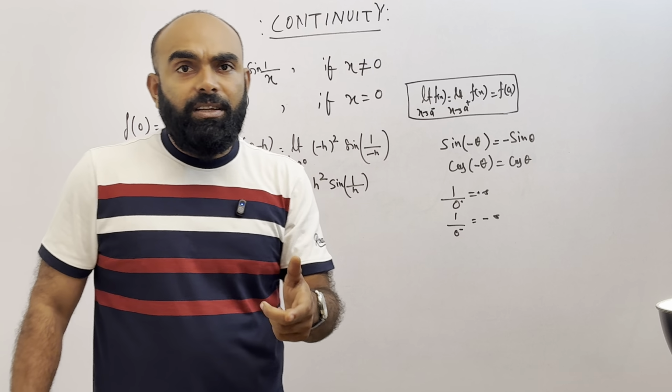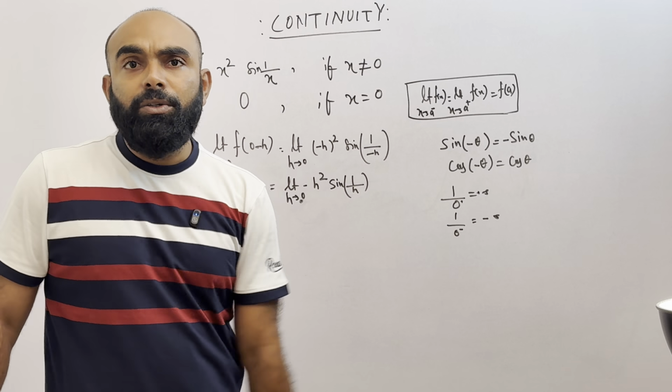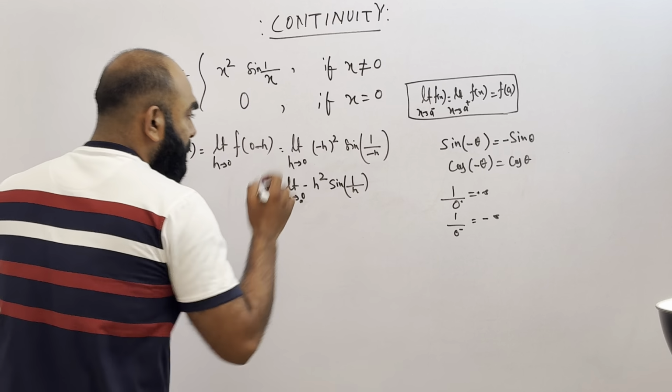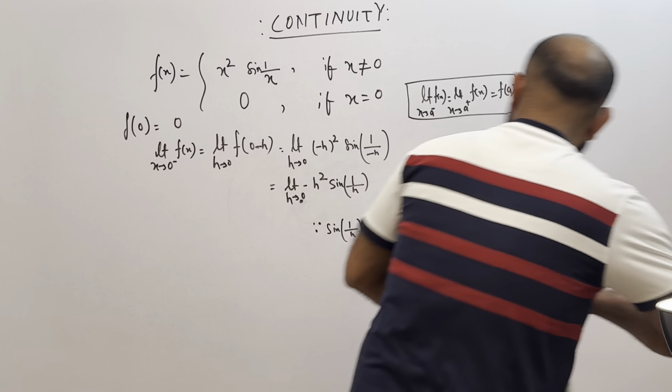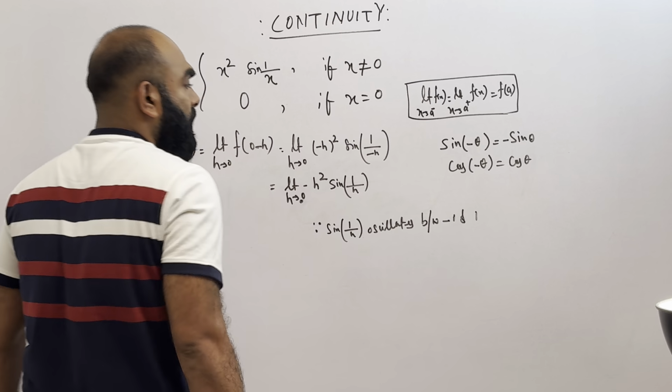So I will write here that since sine of 1 by h oscillates between minus 1 and 1, you will write this in the examination. Anyway, this value is going to come between minus 1 and 1. So with h tending to 0, this value will be 0 only.